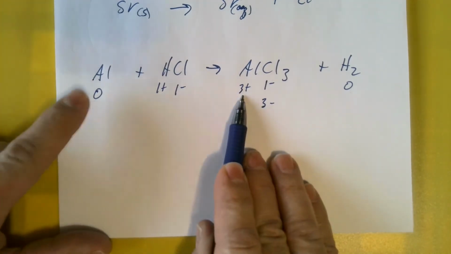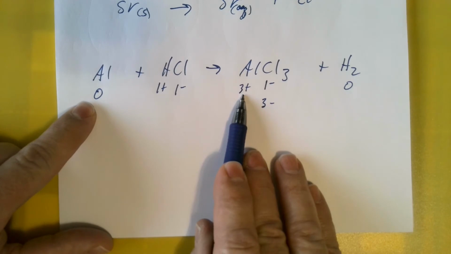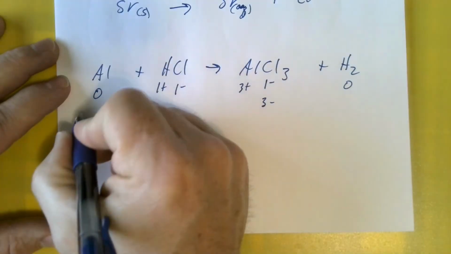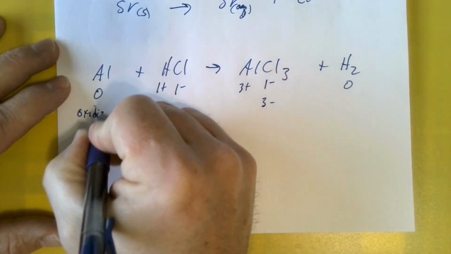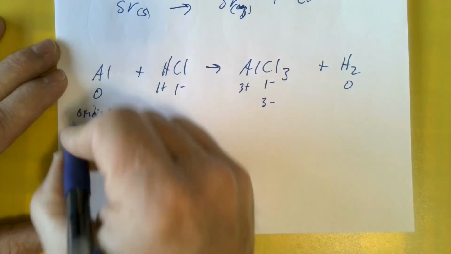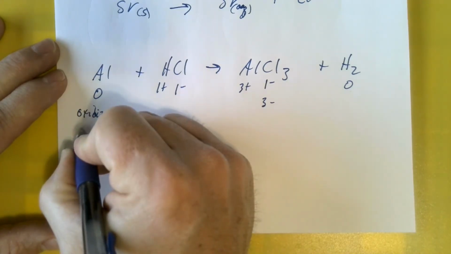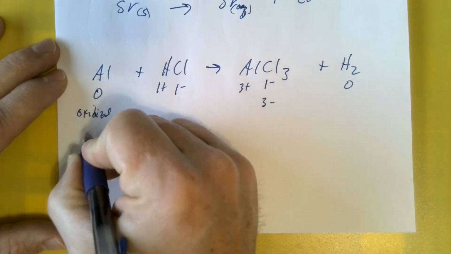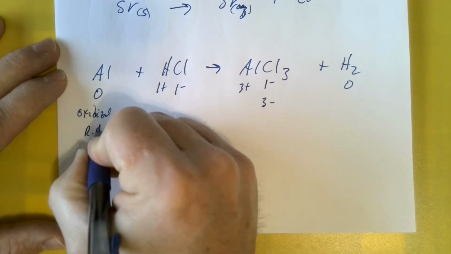Well, the only way to go from 0 to positive is to lose electrons. So oxidation is loss. So this has to be oxidized, which makes it my reducing agent, right?